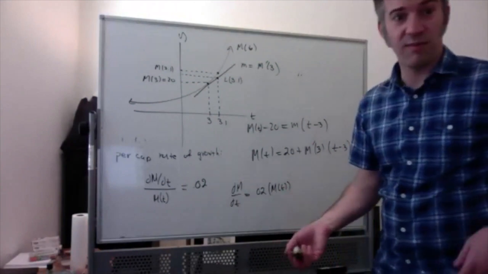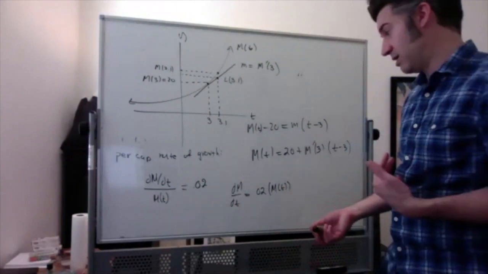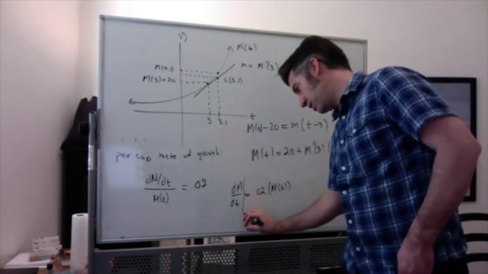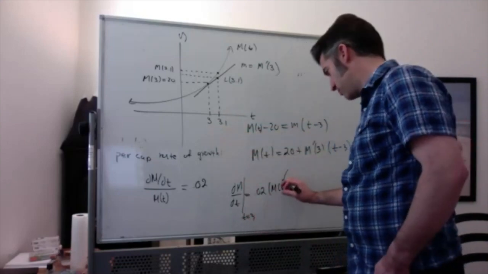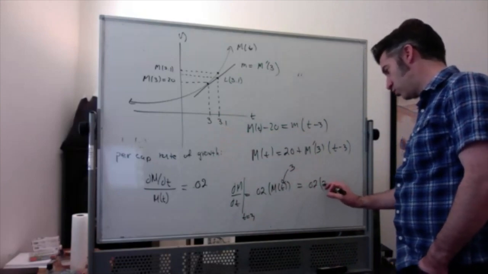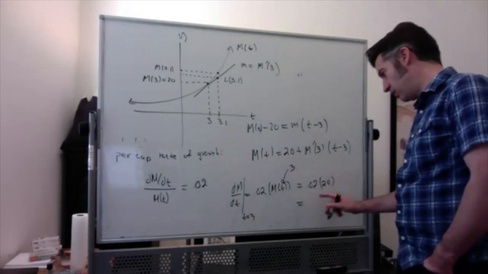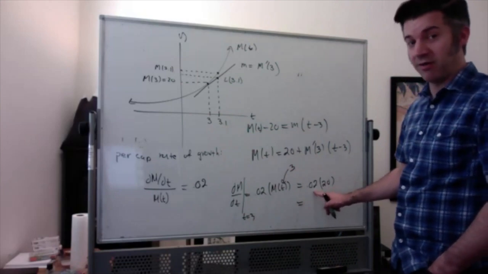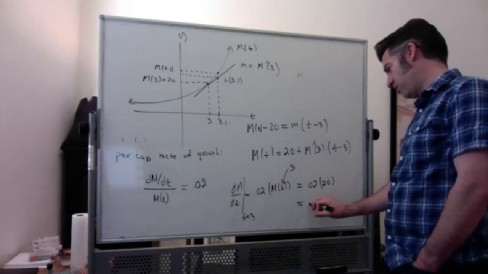So if I want to find the rate of growth of mice at time equals 3, I'm just going to plug in t equals 3. That's going to give me 0.02 times 20, which I think is 0.4.